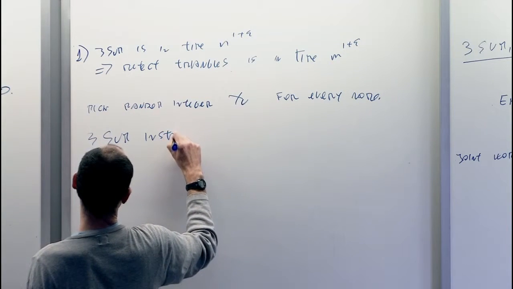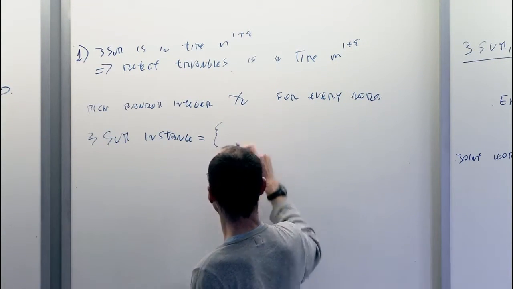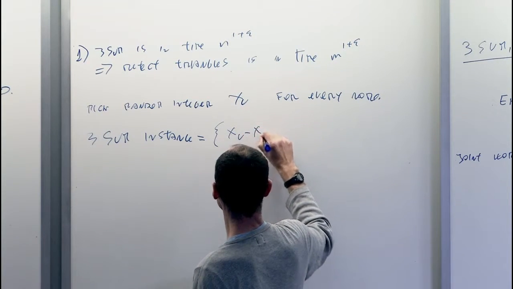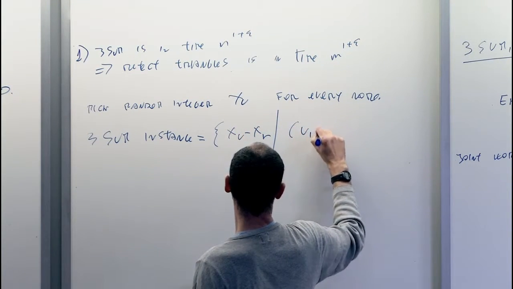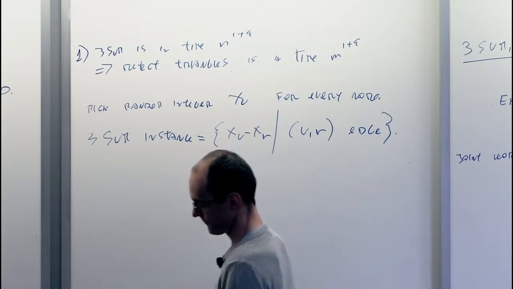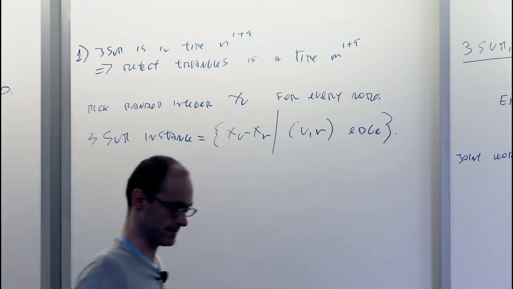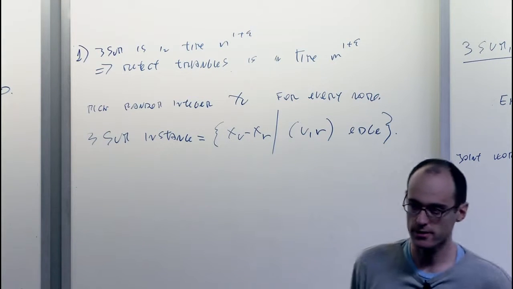The three-sum instance will be the set of numbers x_u minus x_v, such that (u,v) is an edge in the graph. Here I'm thinking of the graph as being directed. It doesn't matter if the graph is undirected. You can write that as a directed graph with edges in both directions.